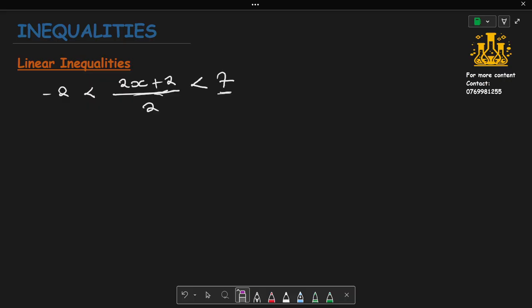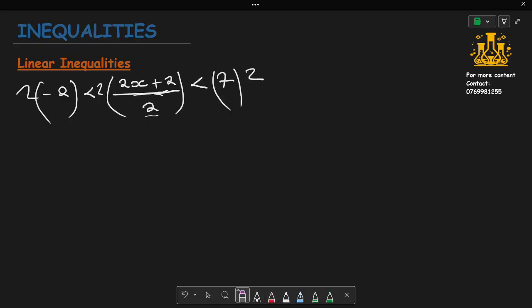So what you do is, in this case, we need to get rid of the 2 which is at the bottom. So what are we going to do? The thing that we need to do is multiply the middle part by 2. But if we multiply the middle part by 2, it means that we also multiply this part by 2, even this part by 2.